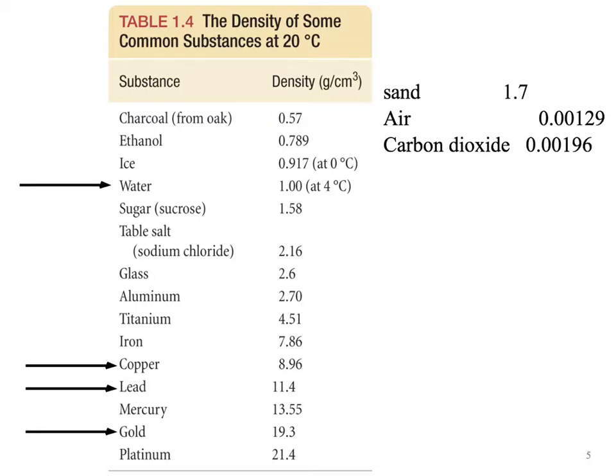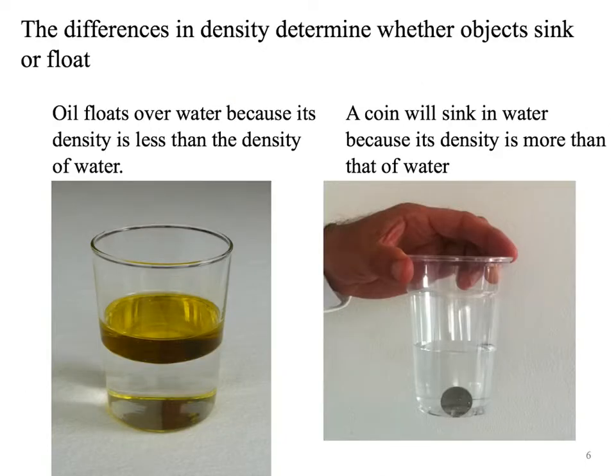So the density of the substances is recorded in tables, and they are used like this. You don't have to memorize any of this, but by looking at this, you can see that, for example, ice has a lower density than water. That's why ice floats when you put it in water.